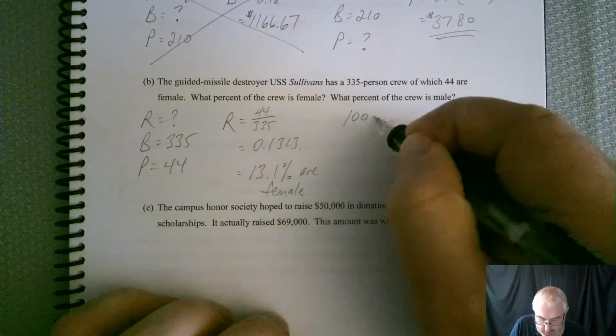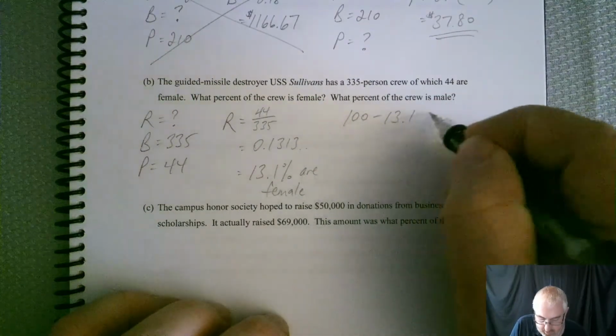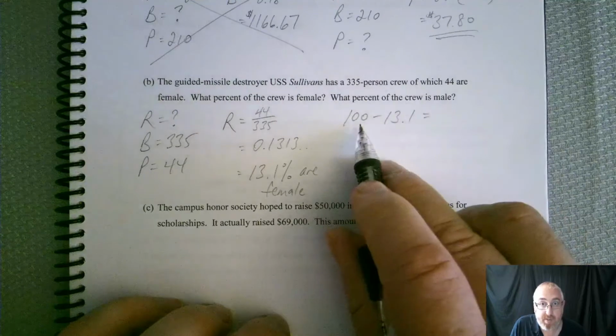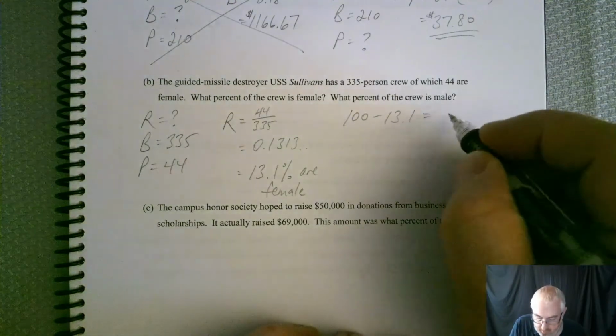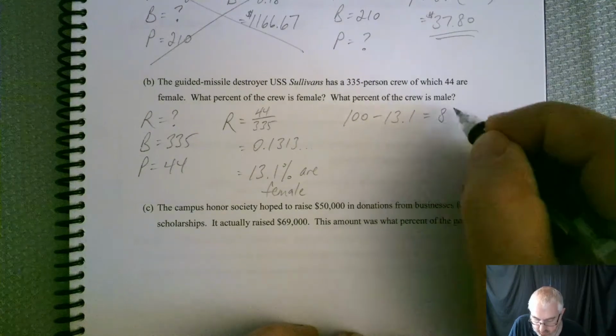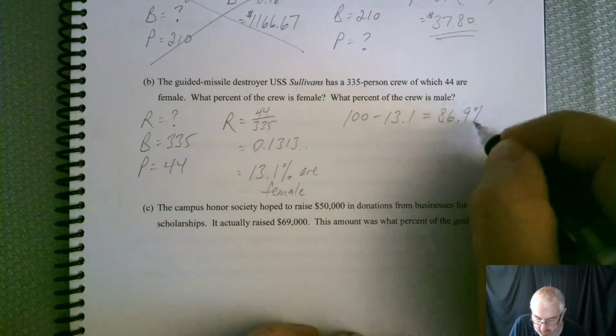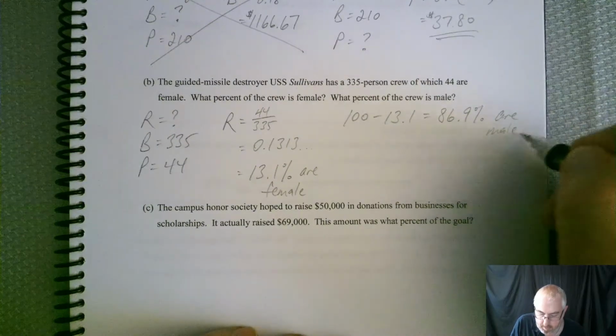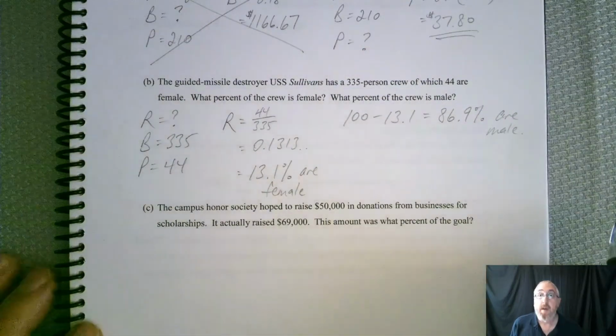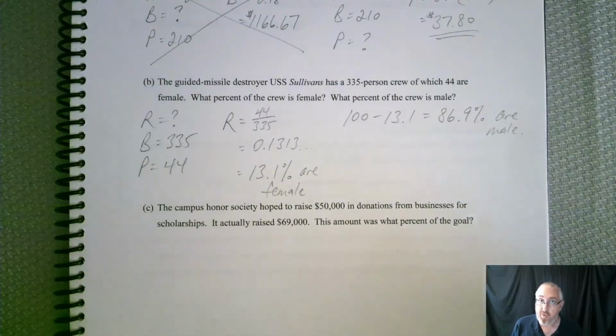The trick is to subtract. If we subtract 13.1% from 100, that's going to give us the leftovers. That's going to be the male constituencies. So 86.9% are male. Now, how else could you have done it?